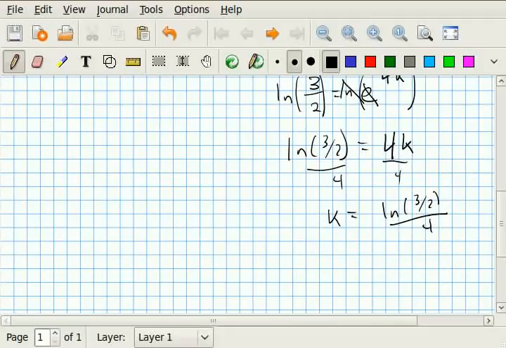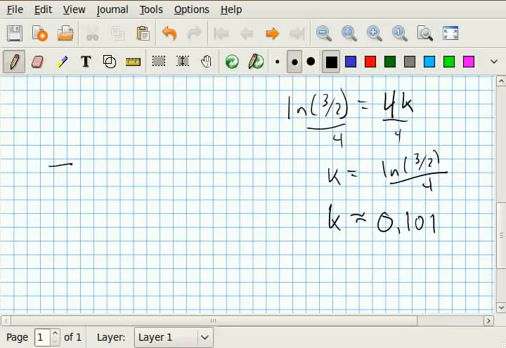That's k, and probably the only thing we should do, and I realize I haven't done this yet, is give a decimal answer for k. Technically this is the exact answer, but in the back of the book you'll probably find a decimal version. So let's go to the calculator. If I take the natural log of 3 halves and divide it by 4, that's about 0.101.